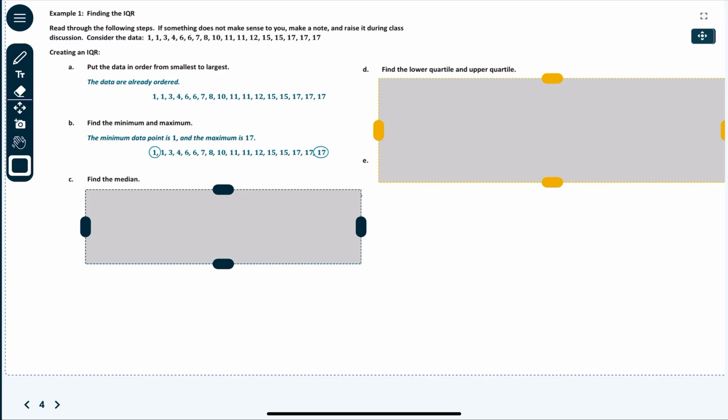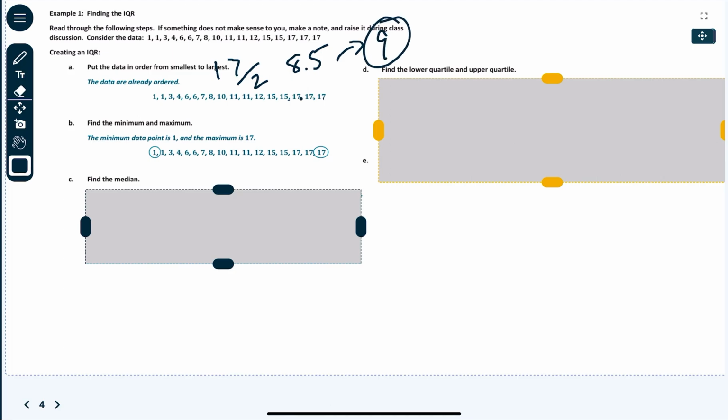Let's go with, how many numbers are there? 1, 2, 3, 4, 5, 6, 7, 8, 9. There's 17 numbers, okay? Which means I can have 8 below it and 8 above it. So that means I would divide by 2, and that gives me 8.5. So I would go up to 9.